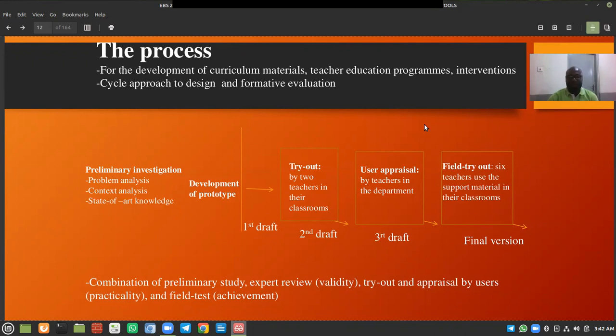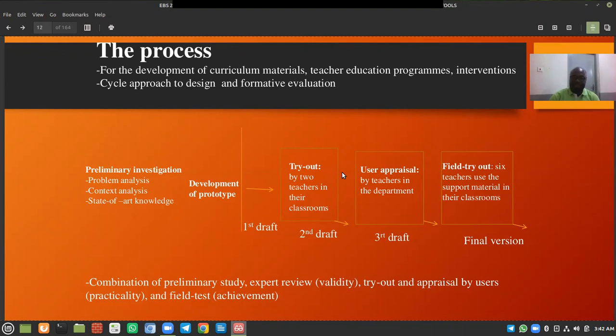And this prototype can now be tried out by at least 2 teachers in their classroom. And when they try it out, the result or report from their trial will give us the second draft of our design.